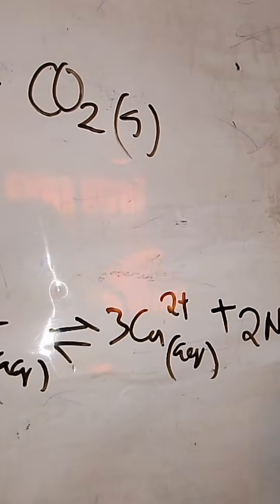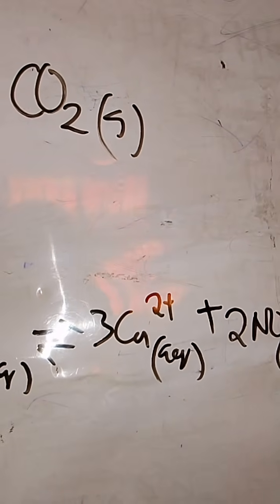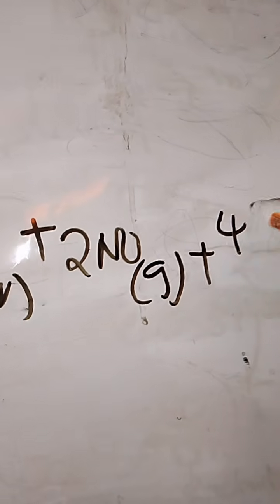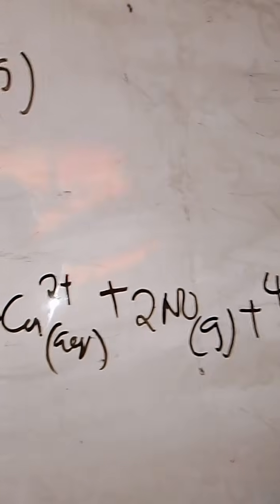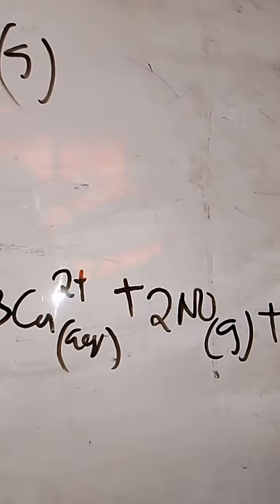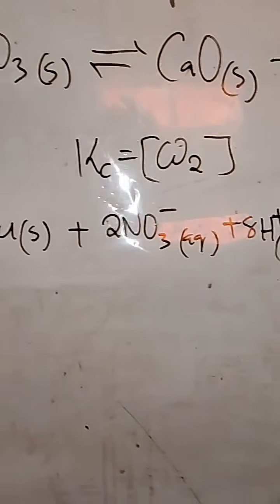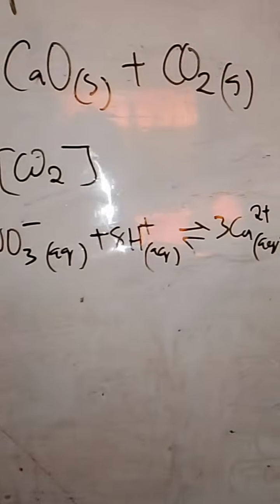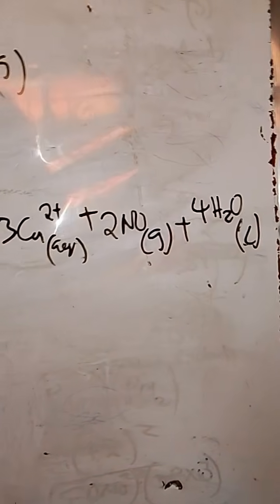This one is a gas, and this one is in liquid form. So this is the equation: copper solid, NO3 minus, hydrogen ion, copper 2 plus, NO plus water.